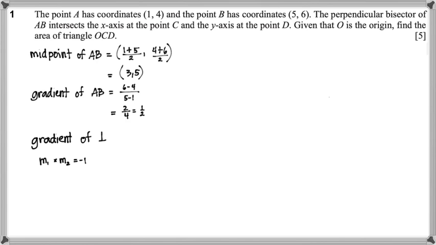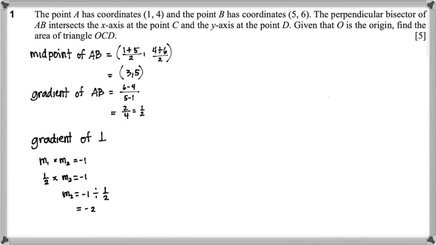So 1/2 multiplied by m2, which we don't know, is equal to -1. We get that m2 will be equal to -1 divided by 1/2, and this gives us -2.